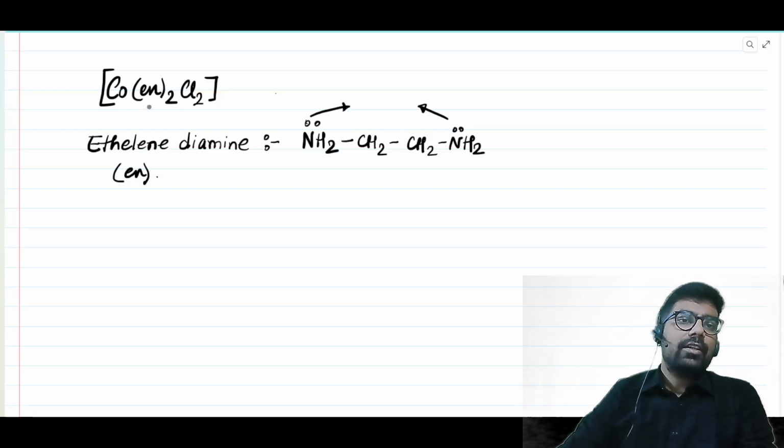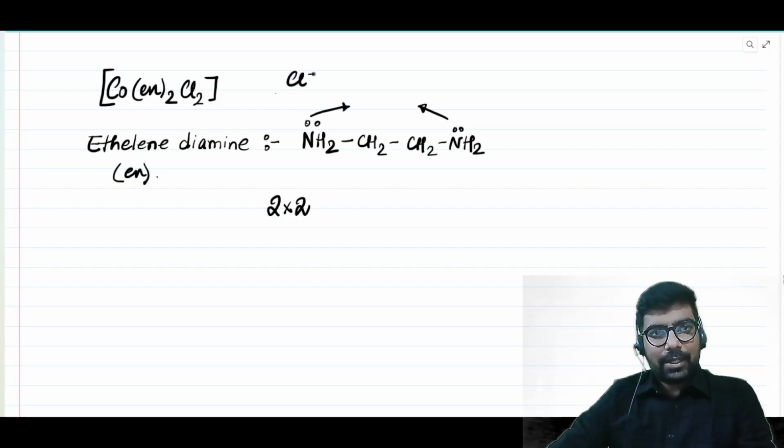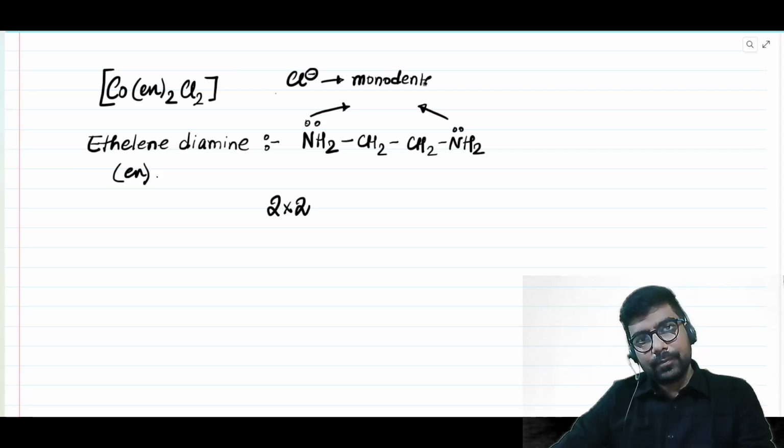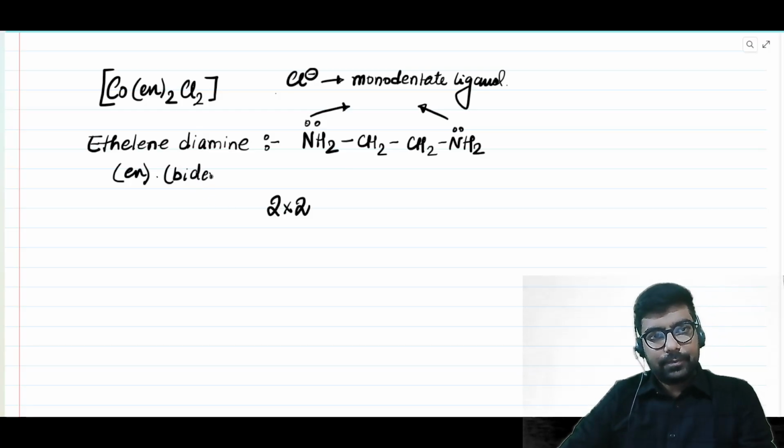How many ethylene diamine are there? 2. And each has 2 binding points. So the total number of binding points will be 2 into 2, that is 4. And Cl, that is Cl minus, is a monodentate ligand. This is a bidentate ligand. How many Cl are there?